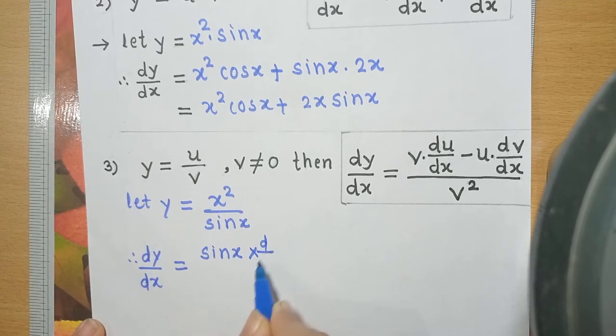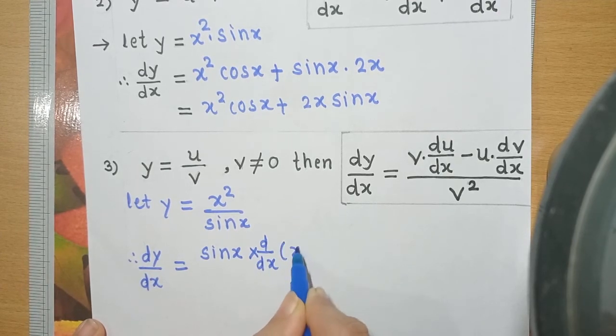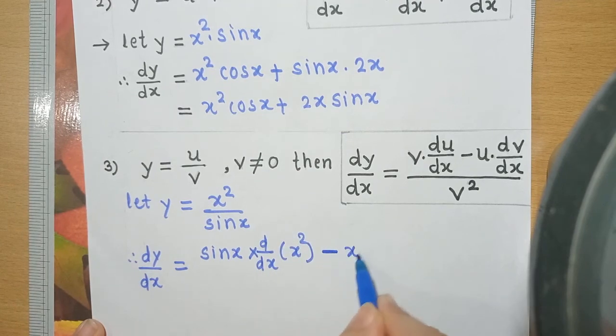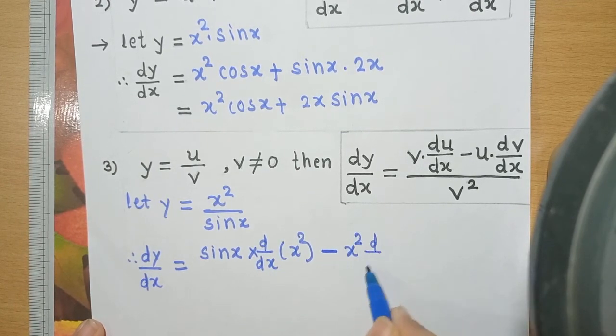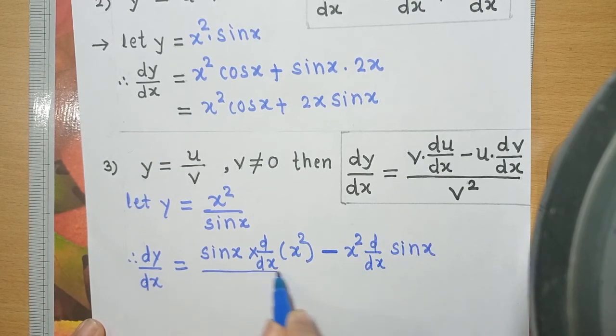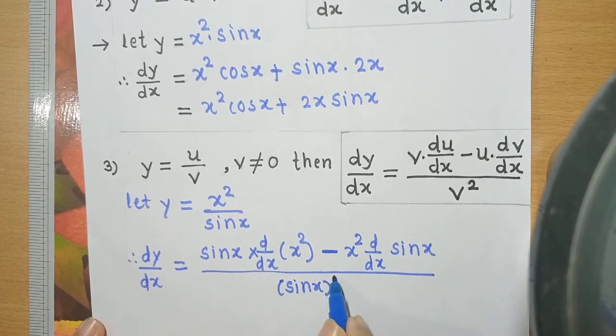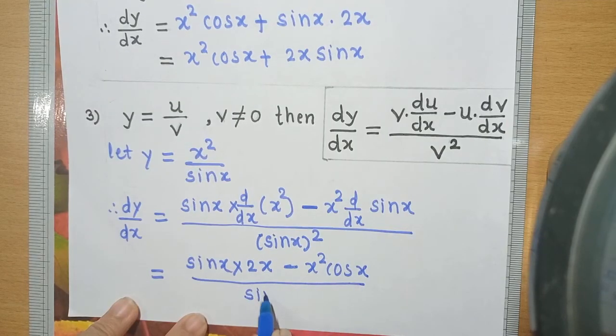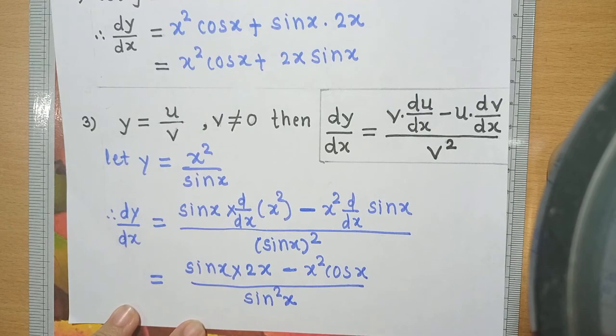So I'll write here d by dx of x square, then middle sign minus, then u means here x square as it is, then derivative of sine x, and upon denominator square. So here sine of x whole square, and that is equal to upon sine square x. In the same way you have to find derivatives.